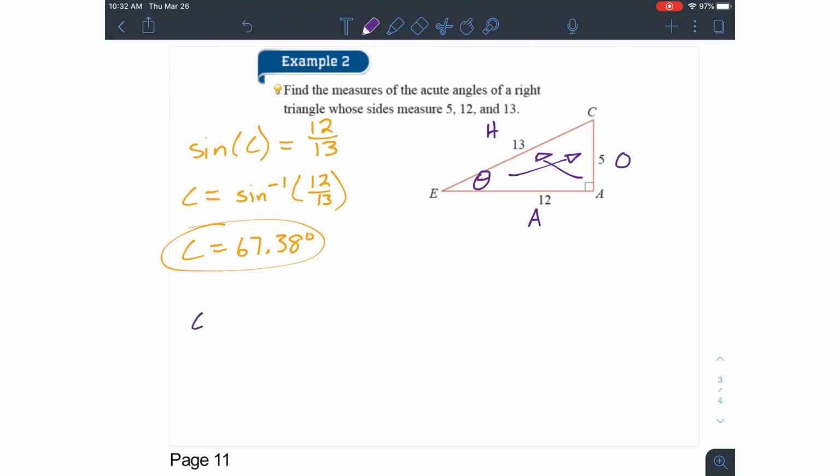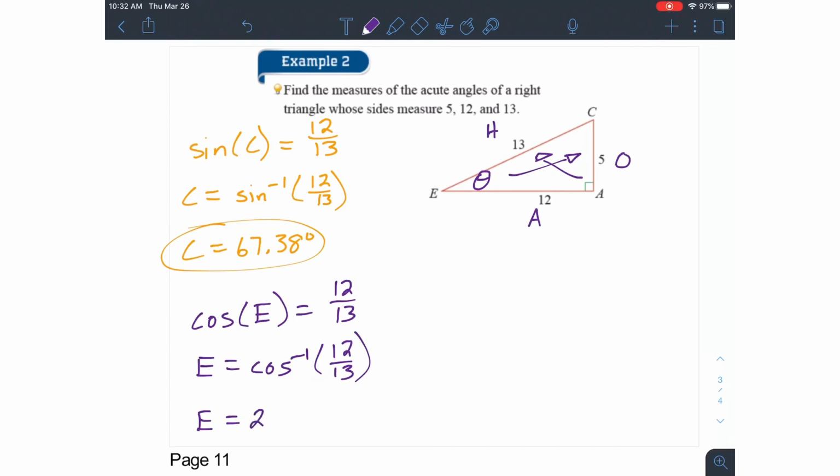So now we will get cosine of E equals 12 over 13 because SOHCAHTOA is adjacent over hypotenuse. E equals arccosine of that fraction. And then the measure of angle E will be 22.62 degrees.